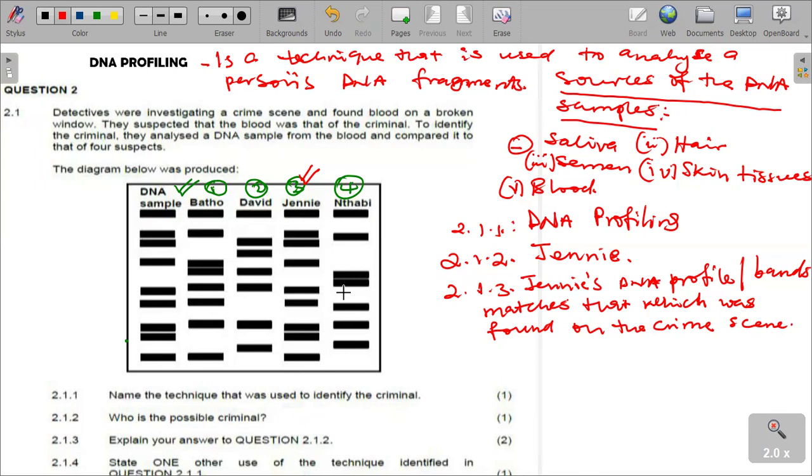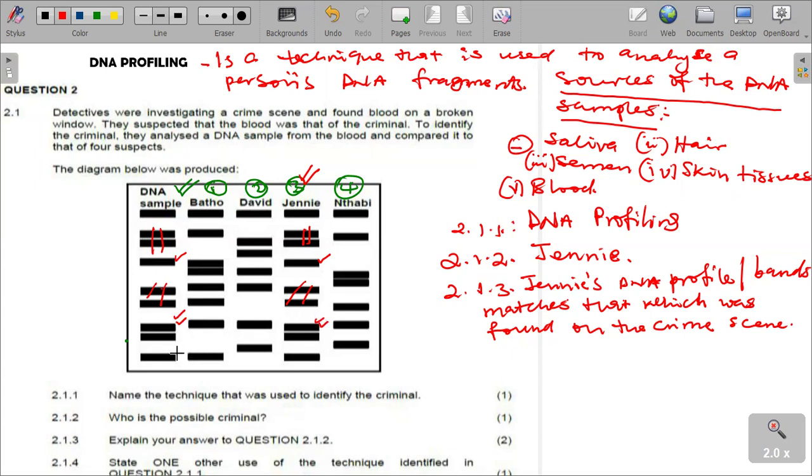As we can see, if you check here, we have got the double bars here, we have got the double bars there, we have got a single bar here, it is also having a single bar there, we have got 2 bars here, which is also similar to this one. We have got 2 bars there. We also have 2 bars there.